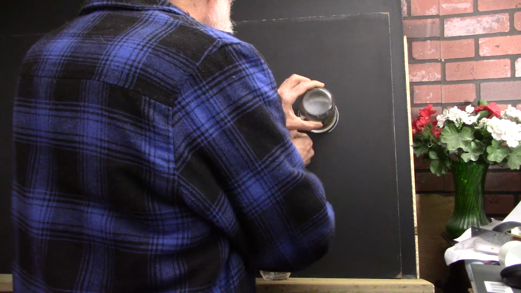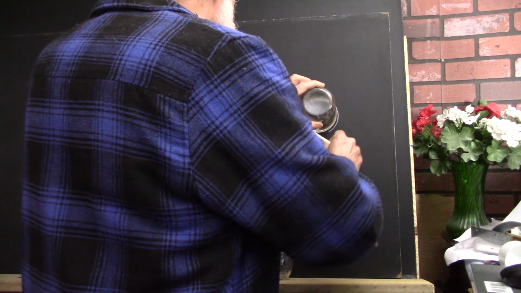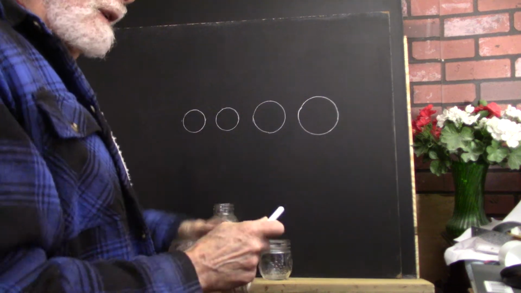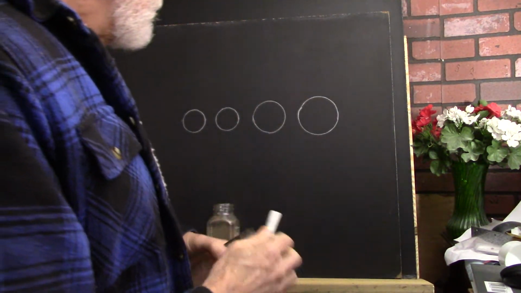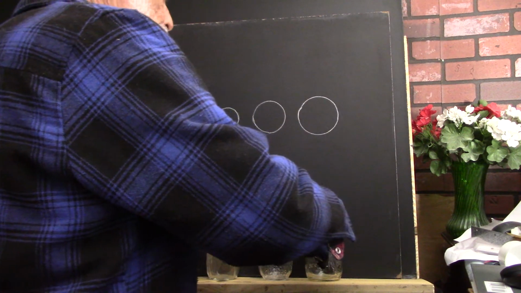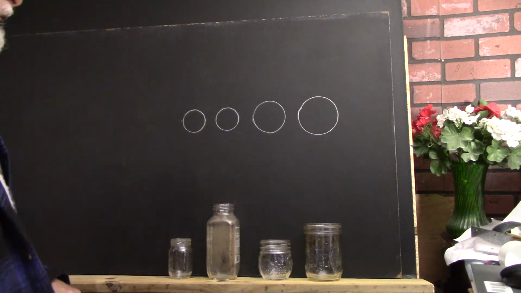Come back here and whoops, twisted the chalk. Oh, something's gone wrong there. I got a little bit of a lump there because the chalk twisted a different way and I wasn't able to get the point quite right. Worked pretty well on these three, but there's obviously kind of a lump there.